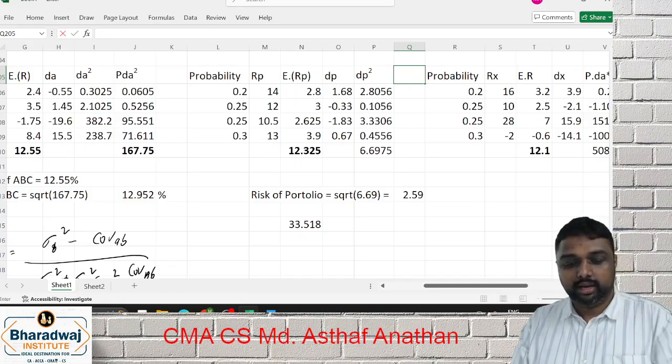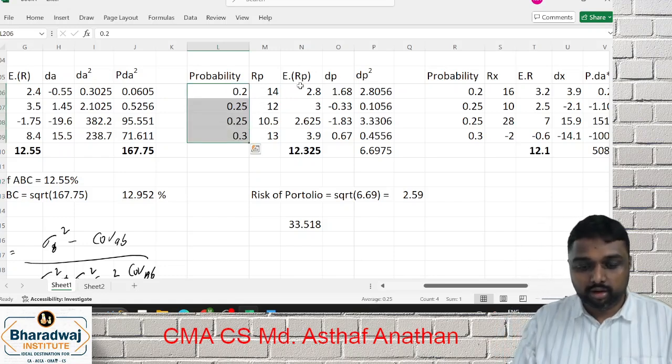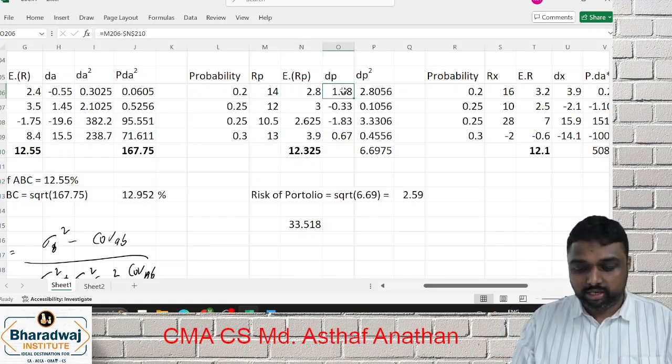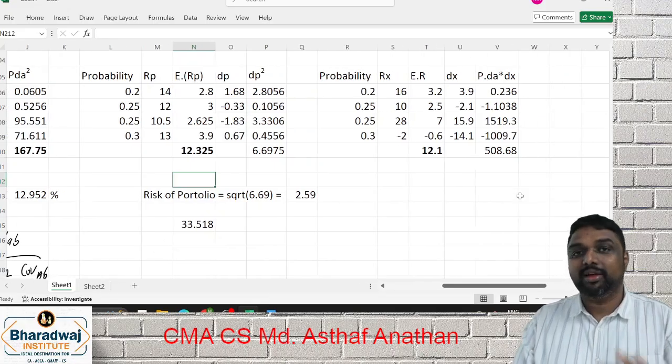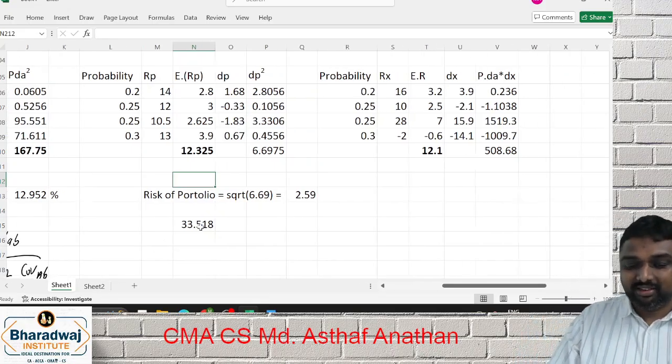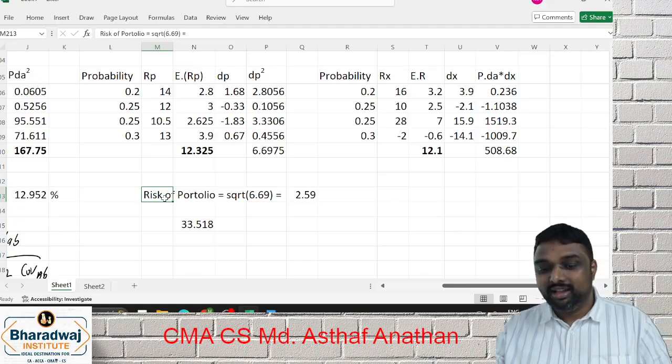One small correction in this risk calculation. We got probability, we got return, so we got deviation r minus r bar. Why is this different? Because this is a portfolio. We should get the risk of what?